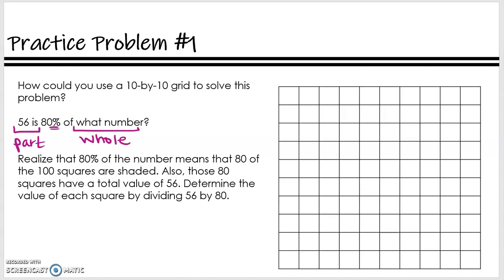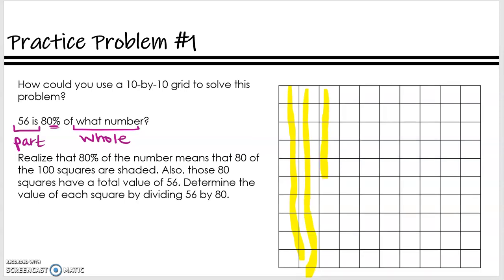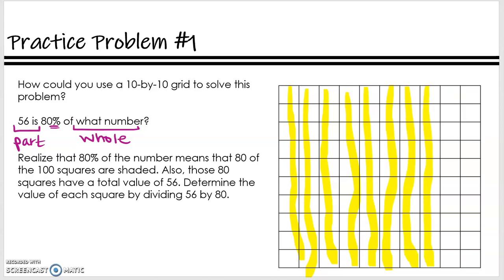What we do know is that 80% of the number means that 80 of these 100 squares are going to be shaded. So we have this row. Again, sorry for my messiness. But each set of 10 is a percentage. So there's 50, 60, 70, and 80.